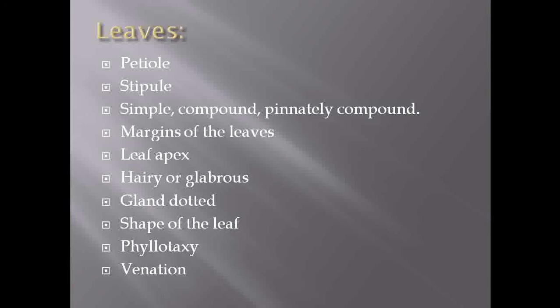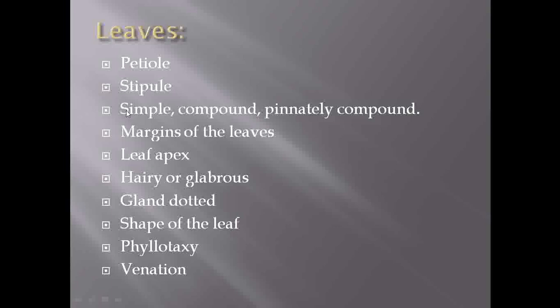Then next, whether the leaves are stipulate or exstipulate. Stipulate means if a small leaf-like portion is present at the base of the leaf, it is called a stipule. So the presence of stipule is the characteristic feature of some of the plant families.